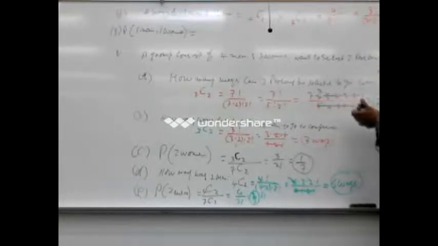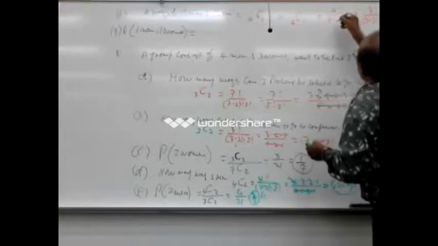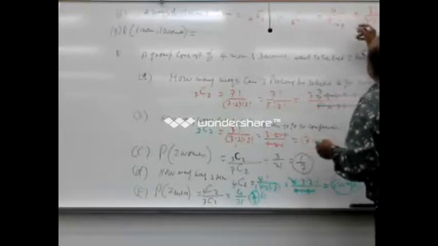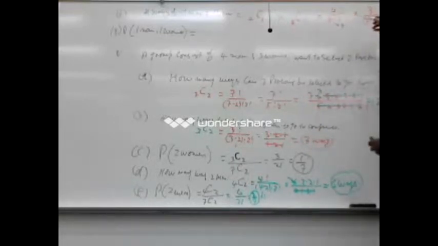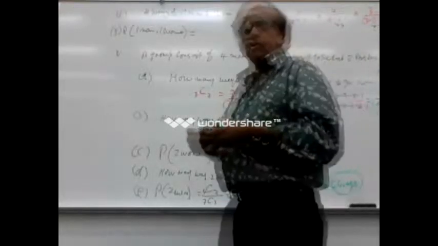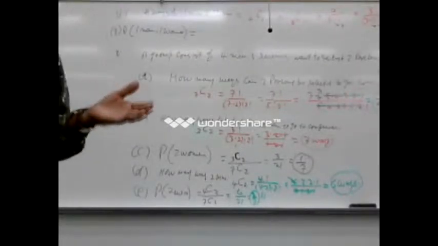And if you carry out the multiplication, this is going to give you 4 ways of selecting 1 man out of 4 men, and this one here will give you 3 ways of selecting 1 woman out of 3 women. All right, order is not important.